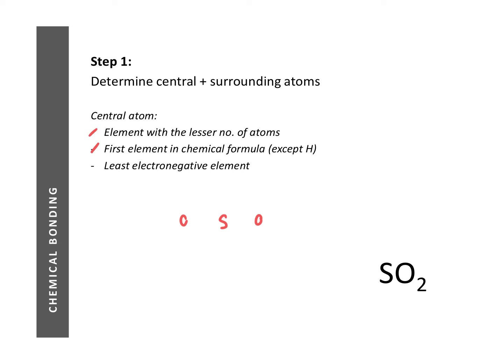The last tip is that it's usually the least electronegative element. Now electronegative elements tend to hold on to their electrons tightly, they don't wish to share them, so they are rarely found in the middle where they need to share with many other atoms.